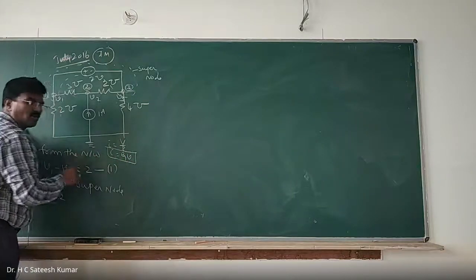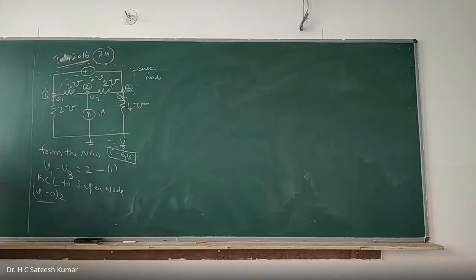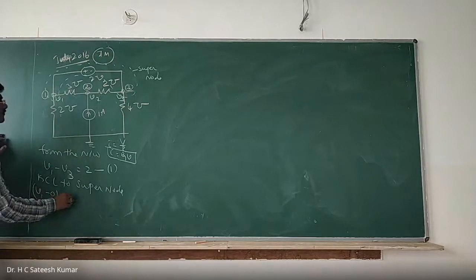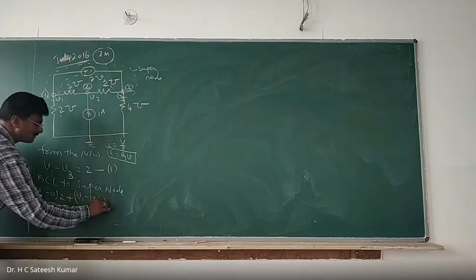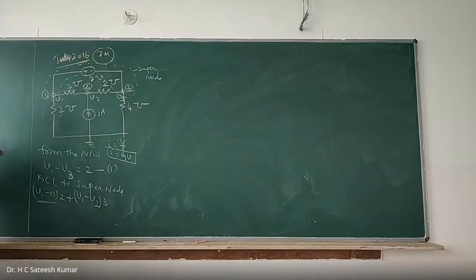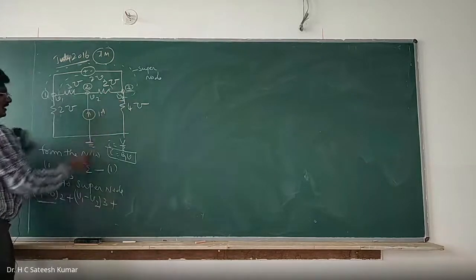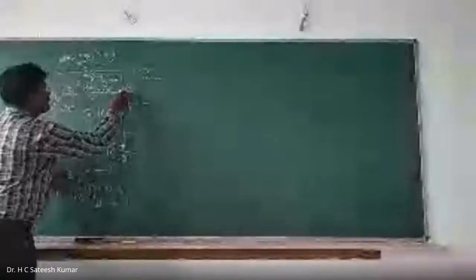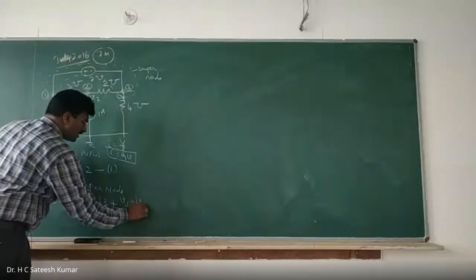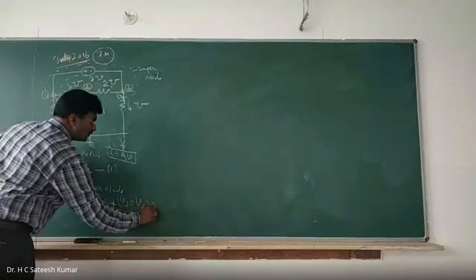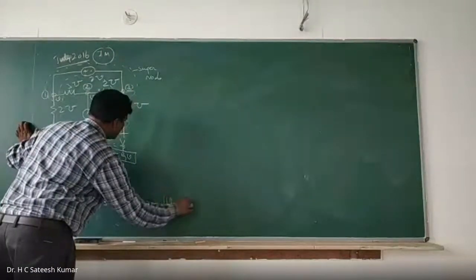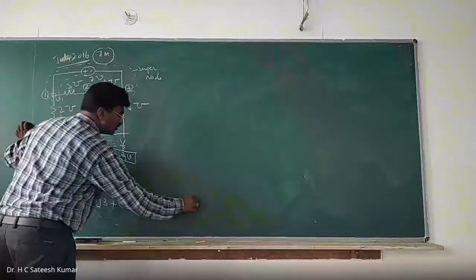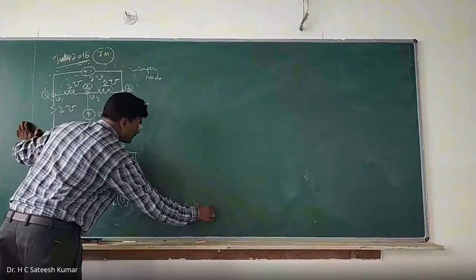So V1 minus 0 into 2 plus V1 minus V2 into 3 plus V3 minus V2 into 2 plus V3 minus 0 into 4 is equal to 0.